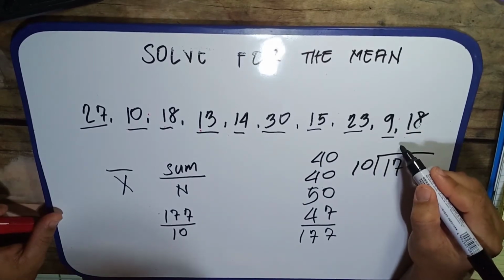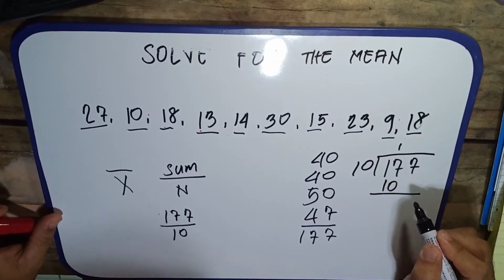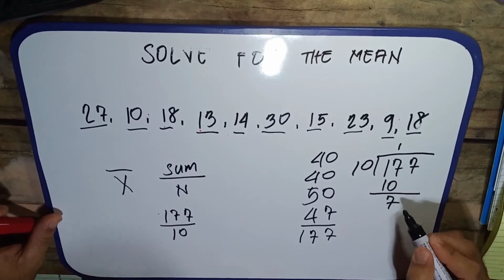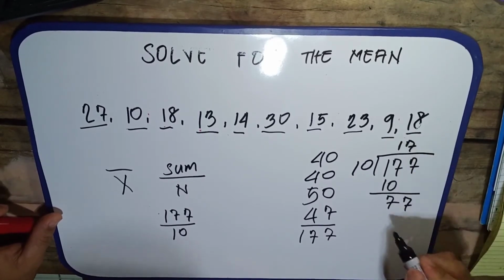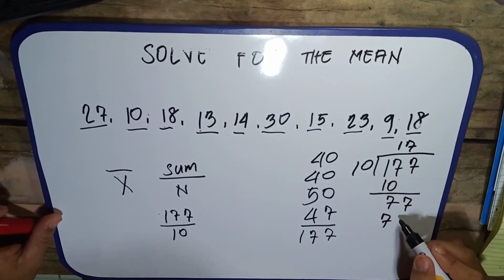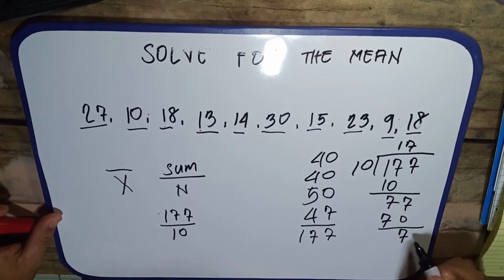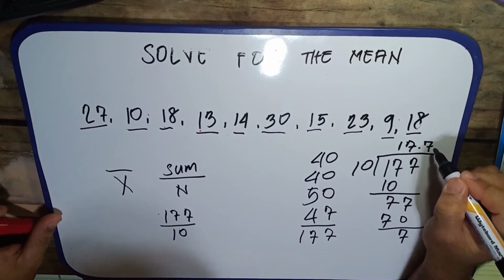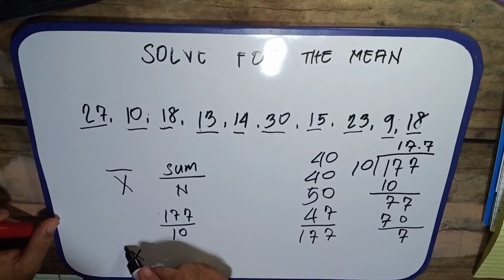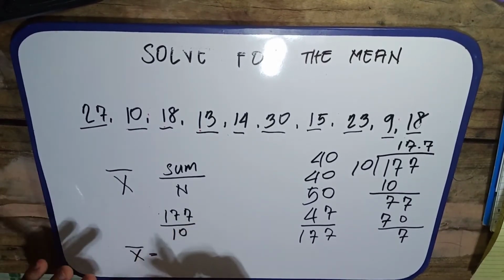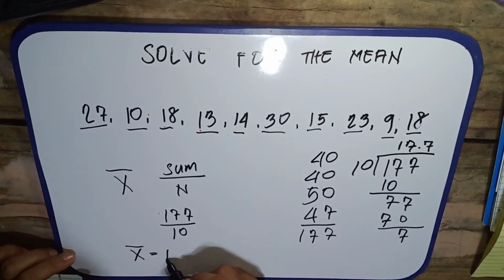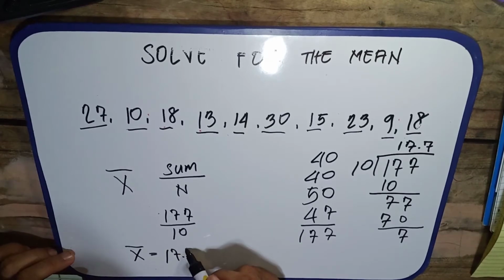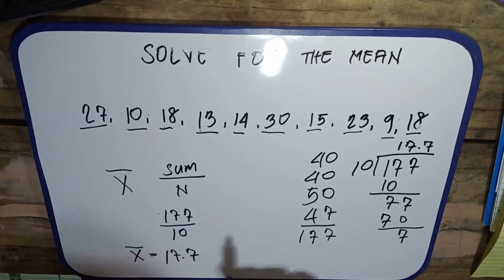First is 1, 10, 17 minus 10 is 7, bring down 7, 70, 7 times 10 is 70, remainder 7, so 17.7. So the value of the mean in the data set that is given is 17.7, and this is the mean.